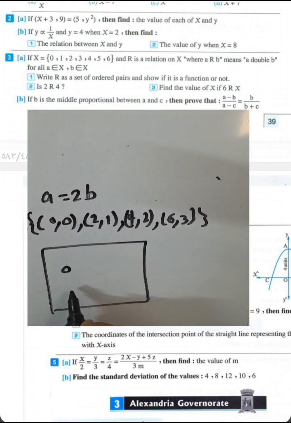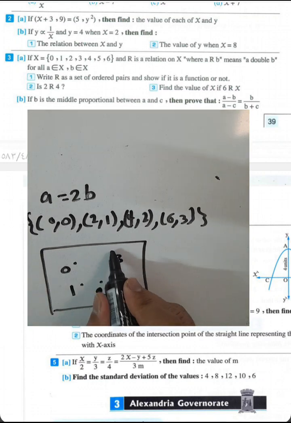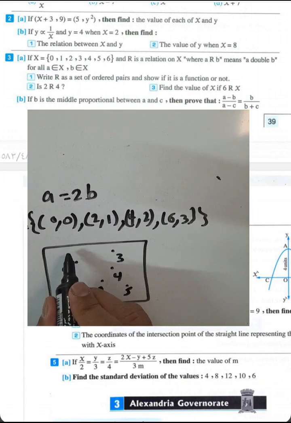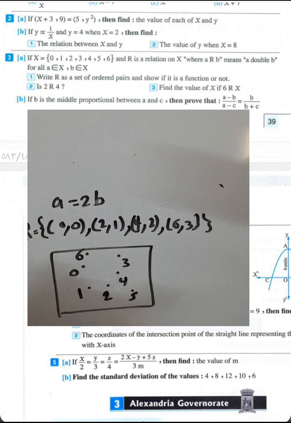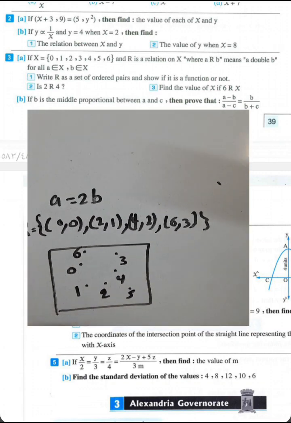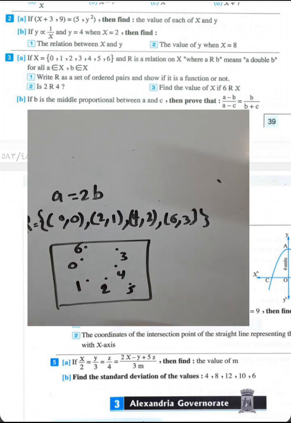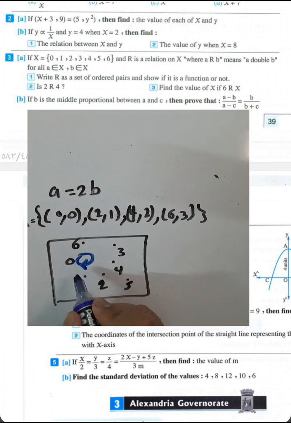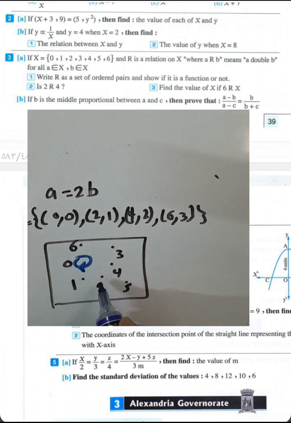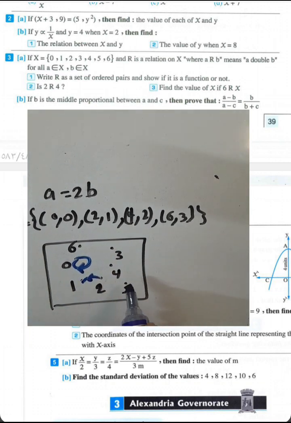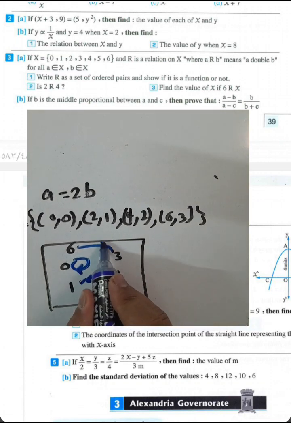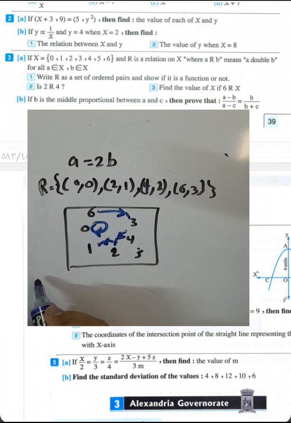Draw 0, 1, 2, 3, 4, 5, and 6, and then join between each point and its image: 0 to itself, and 2 with 1, and 4 with 2, and 6 with 3. Okay, it's a relation.